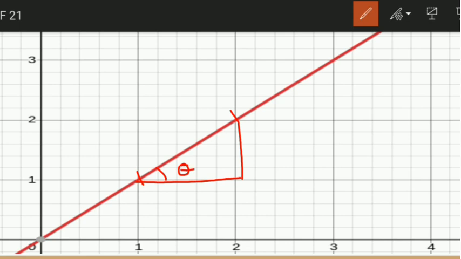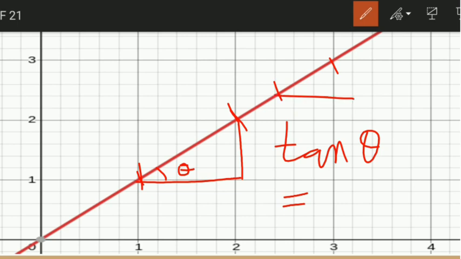If this point is x1 comma y1 and this point is x2 comma y2, then we know that the slope tan theta is y2 minus y1 by x2 minus x1. Whichever 2 points you take, the slope is always the same, because theta is the same. Okay, so far so good.